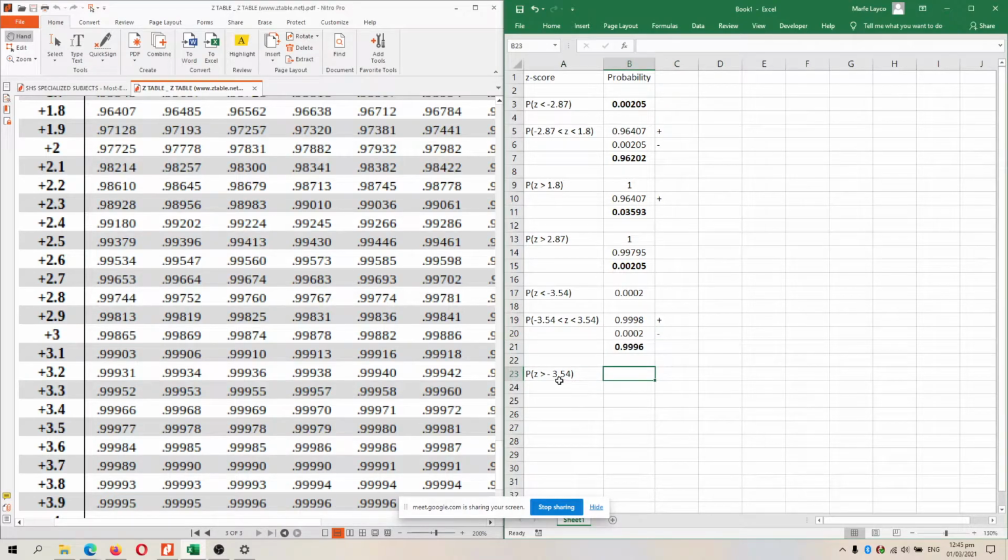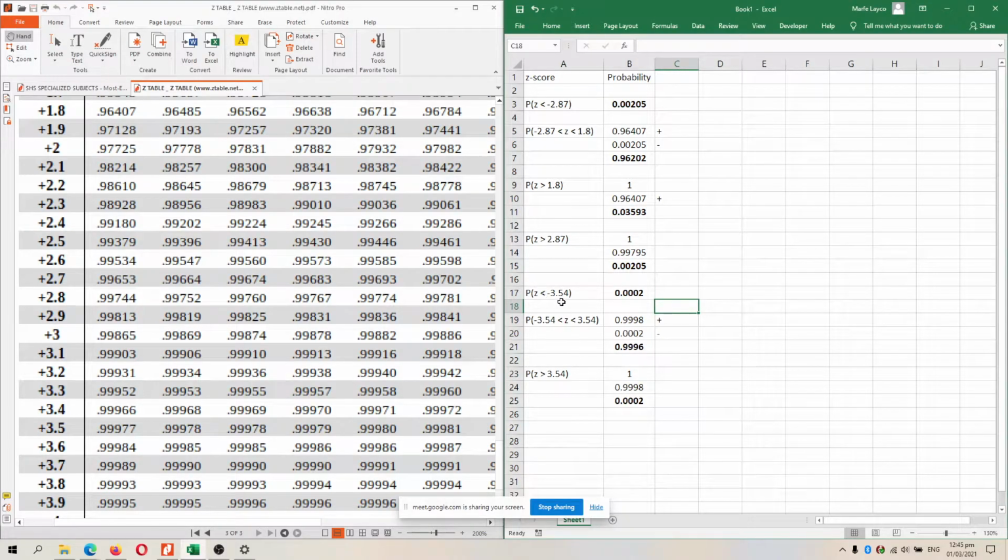From positive z-score, ito naman is negative z-score. Doon na tayo sa greater than, gawin natin positive. So, positive 3.54. Ano yung positive 3.54 natin? 0.9998. Pero ano gagawin natin? Ima-minus natin yan sa 1. So, that is 1 minus 0.9998. Meron kang itong sagot. Parehas lang dito, diba?